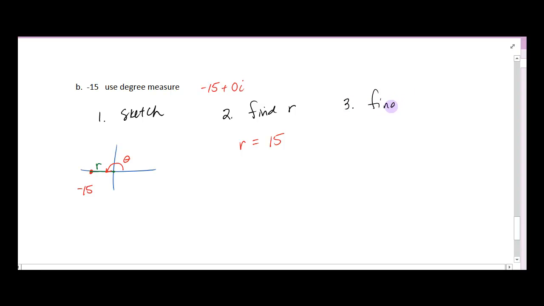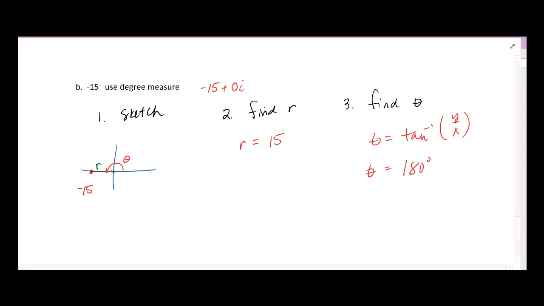Now for theta, so that's the third piece of this puzzle we have to find. Remember, theta is for what angle, when I take the tangent of it, do I get y over x. We can see from the picture that we've drawn that if I move over to where r is and stop, I have moved 180 degrees because we're writing this in degree measure.